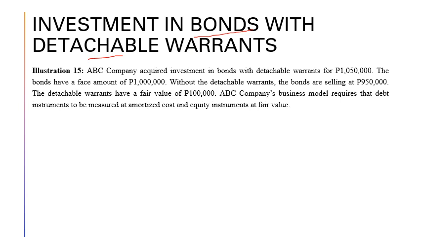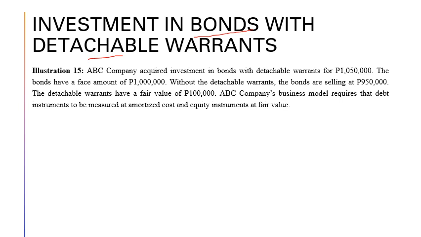Okay? Then we also have investment in bonds with detachable warrants. This time, this is for debt securities. Meron siyang detachable warrants. So, detachable, so pwede siyang matanggal. Okay? So, example, ABC Company acquired investment in bonds with detachable warrants of 1,050,000.